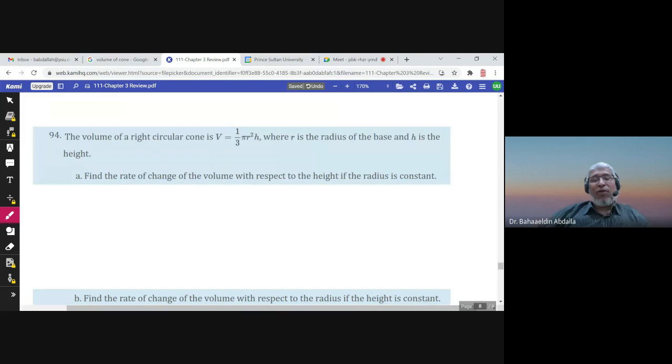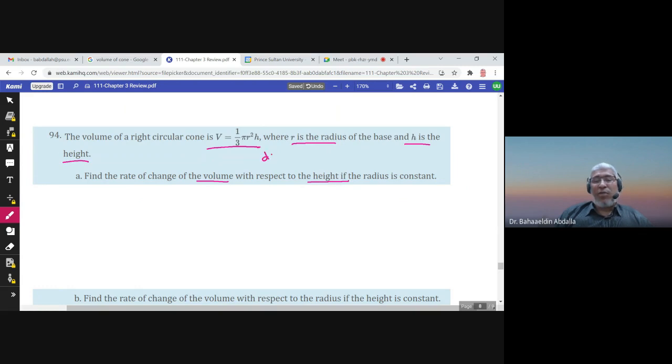The volume of a right circular cone, yeah, this is the volume of the right circular cone, where r is the radius of the base and h is the height. All right. Find the rate of change of the volume with respect to the height.